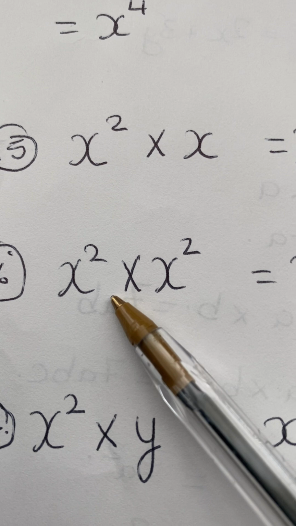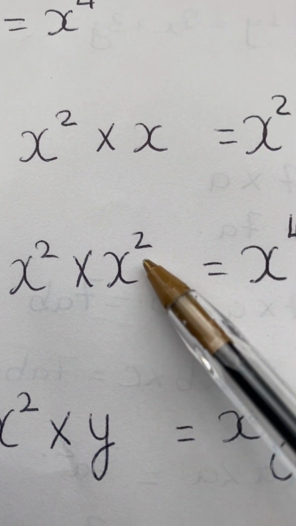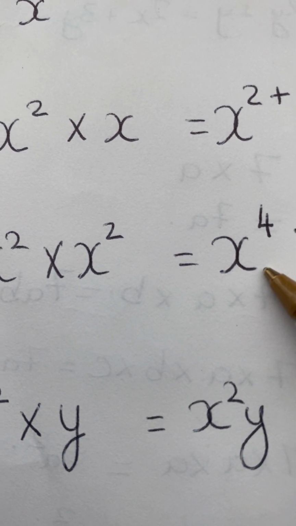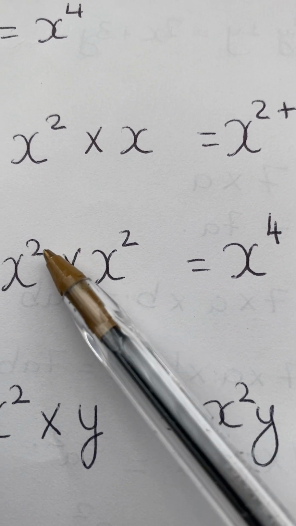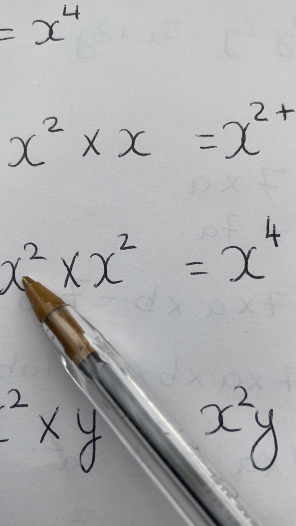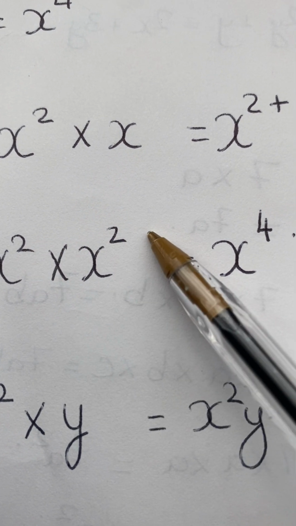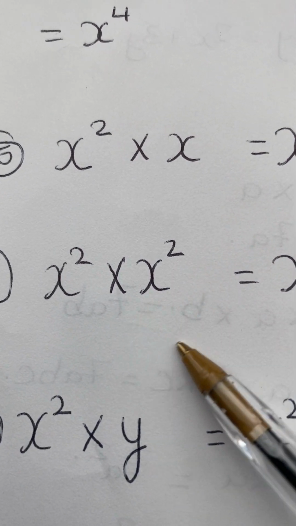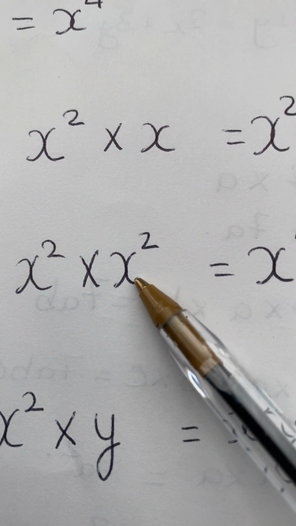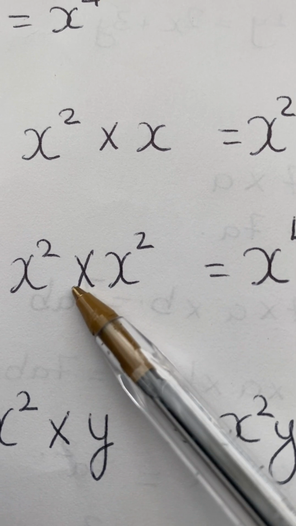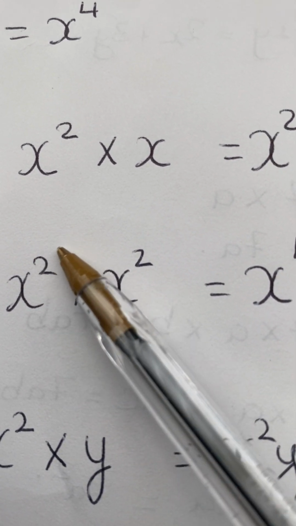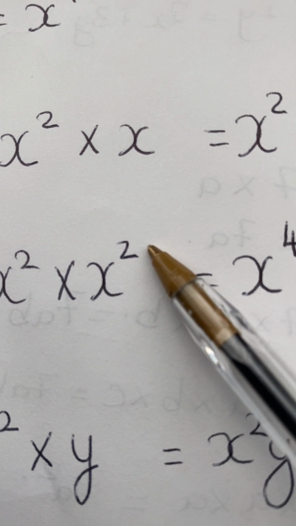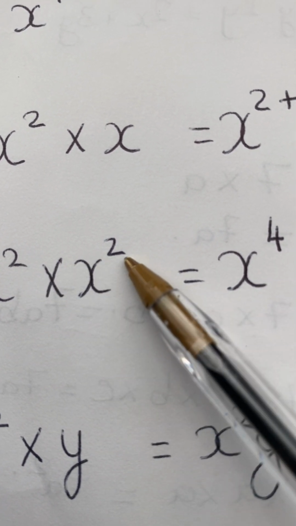16, x to the power 2 times x to the power 2. So that is 4 x's. But what it actually means is x to the power 2 add 2 is 4. So when you are multiplying the same variable, as we can see here, all you have to do is to add the powers.